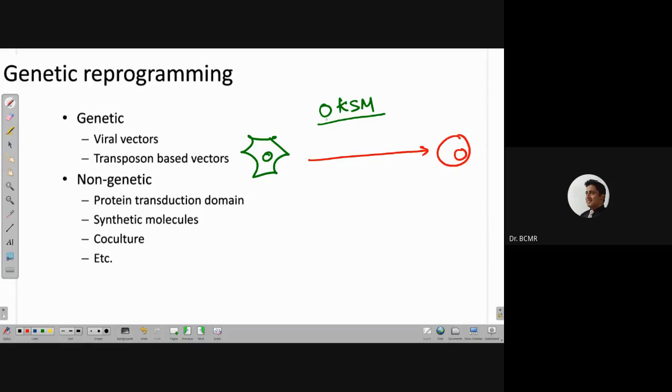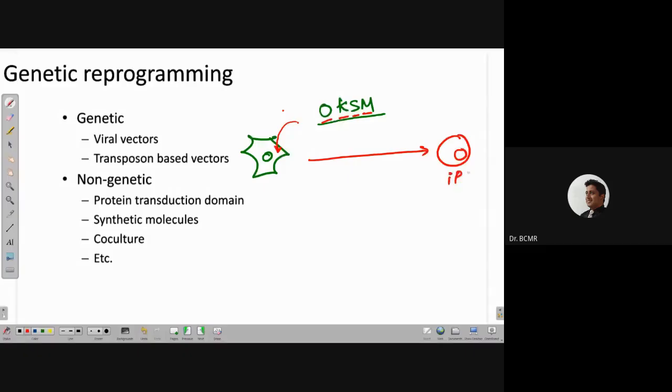That means the genes responsible for these proteins or factors should somehow be incorporated into the cell and expressed so that you will be able to generate induced pluripotent stem cells. So we obviously would need genetic vehicles; they can use viral vectors or they can use transposon-based vectors.